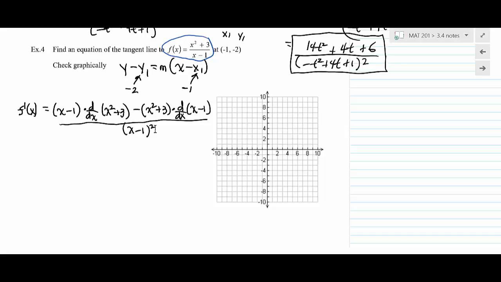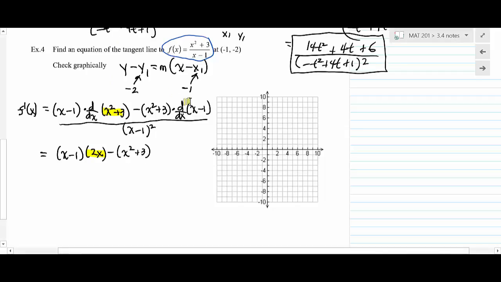When I'm teaching this, I like to get everything set up and get you solid with how to set that up using the notation correctly. But on your homework, you can do that derivative in your head if it's pretty simple. So this would be x minus 1. When I do this derivative, that's going to give just a 2x. And we've got minus x squared plus 3. And then this derivative right here is going to be 1.